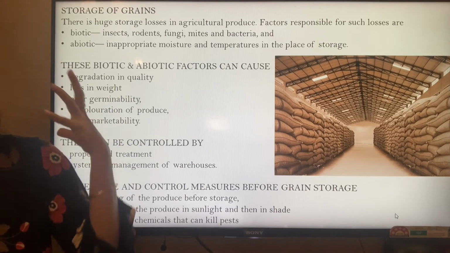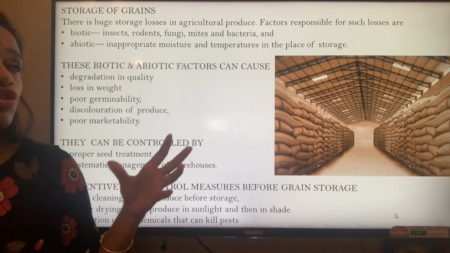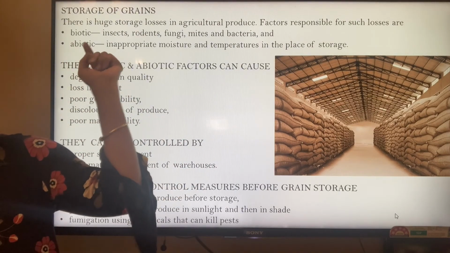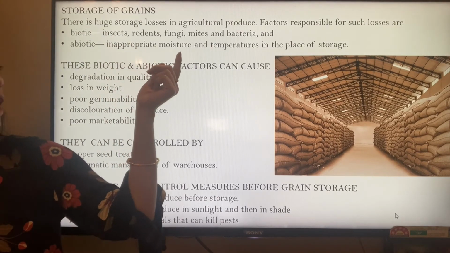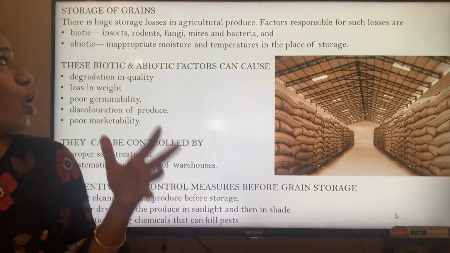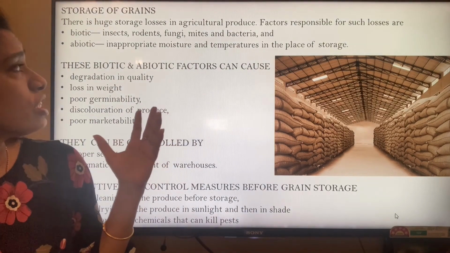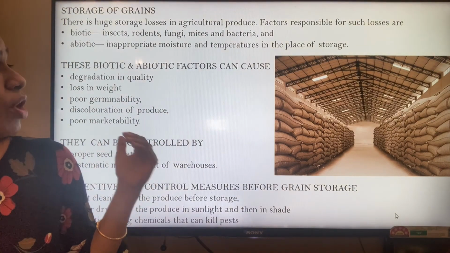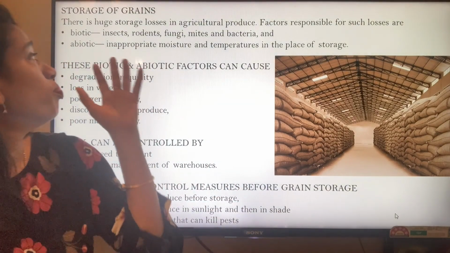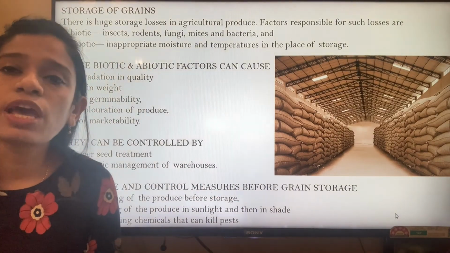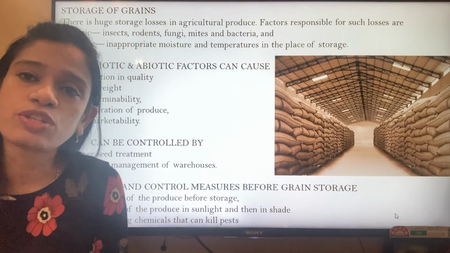Biotic factors mean the infestation of insects, rodents, fungi, mites, and bacteria. Whereas abiotic conditions are the appropriate moisture and temperature in the places of storage. So abiotic refers to where we have kept the stored grains.